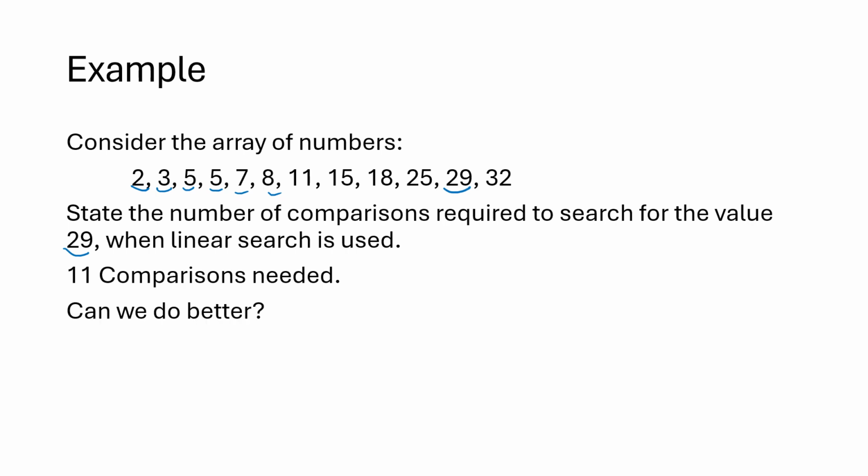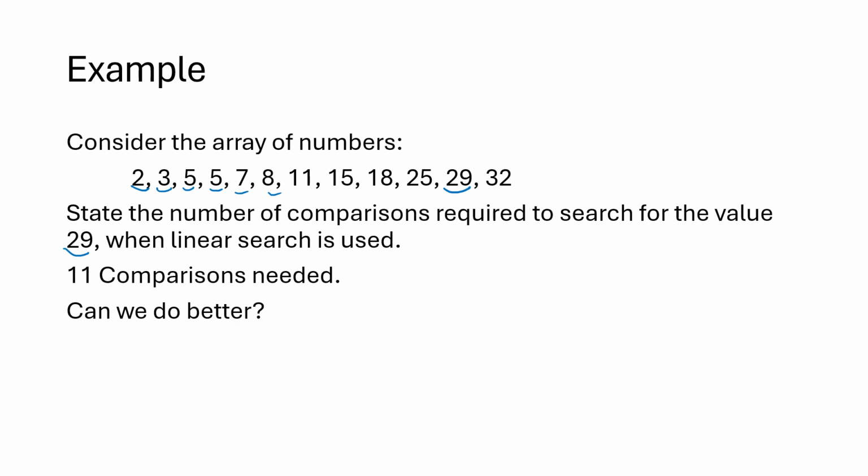Now, what you may notice is that the reason that we needed so many comparisons was that the value that we were looking for was stored towards the end of the sequence or array.